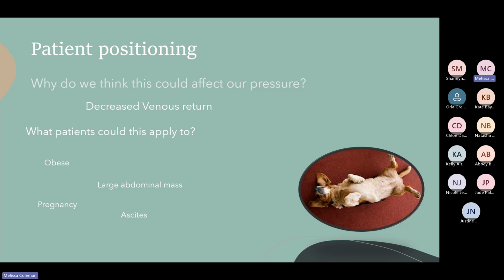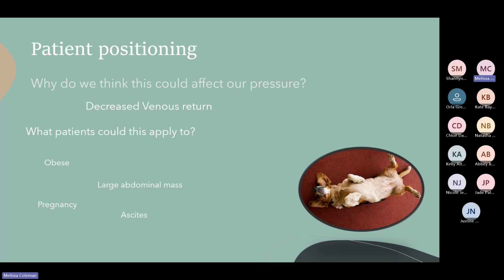But your veins are not. That's why they're so easy to get IV catheters and things in. So if you put your patient on their back and they have a distended abdomen, they're pregnant, or they've got a large abdominal mass, this takes up the space in the abdomen and then depresses our vena cava, and that decreases the amount of blood going back to the heart.